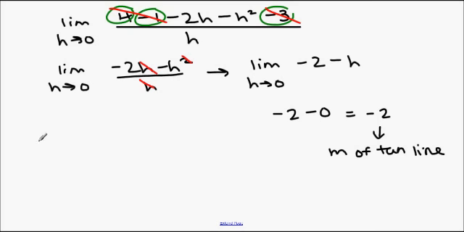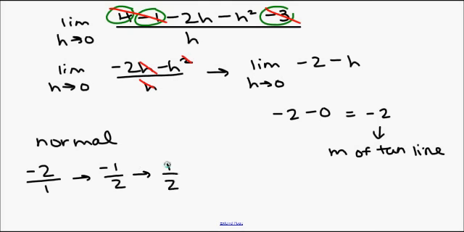So for the normal, we have the opposite reciprocal slope. -2 is really -2 over 1. We're going to flip the fraction and flip the sign. So this is the slope of the normal line, and it is 1/2.